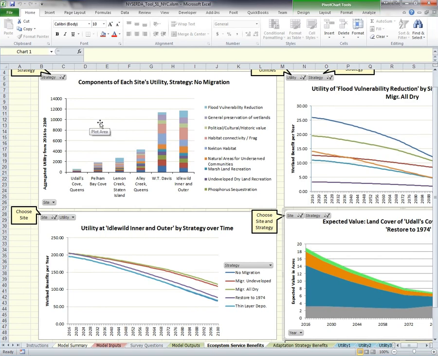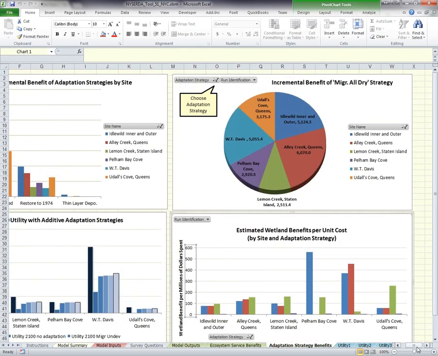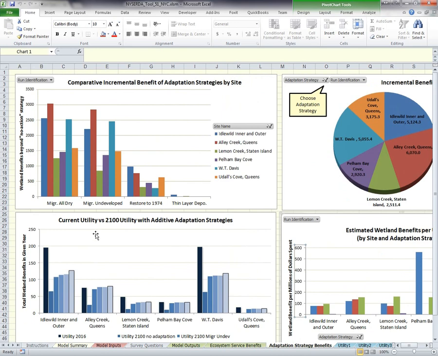The second question is, based on this run, for which sites can combined adaptation strategies potentially mitigate sea level rise losses? So to answer this question, we move over to the Adaptation Strategy Benefits tab, and we look at the current utility versus 21 utility with additive adaptation strategies. Now, if you'll recall last time, the adaptation strategies always exceeded the current condition for all sites.